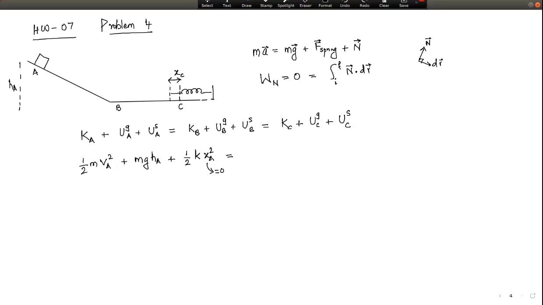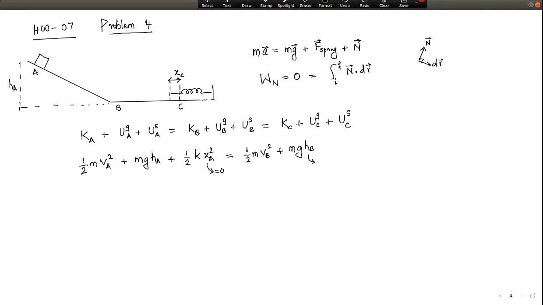At point B, it has a velocity, so it's half mvb square plus the potential energy due to gravity at point B, that's given by the height at point B. If we choose to measure the heights with respect to the horizontal, the height at point B is 0, so that's equal to 0.